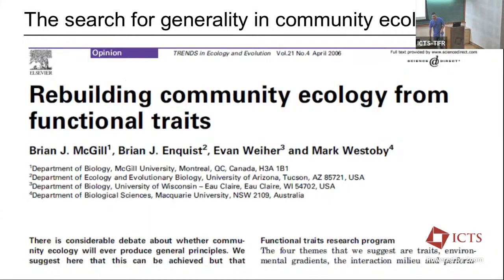Other people have said that the way in which community ecology is understood is in terms of asking how does this species interact with this species? Right? So let's say you've got two competitors, two plants that are competing for the same resources. Or you've got a predator and prey. So this is eating this. And a lot of community ecology has focused traditionally on the identities of those species.